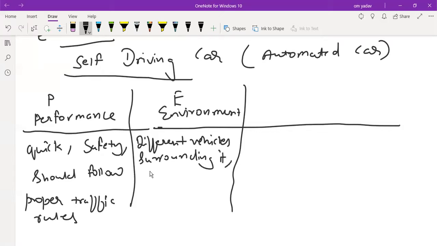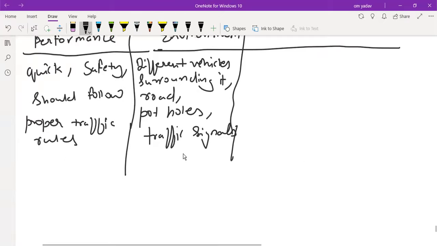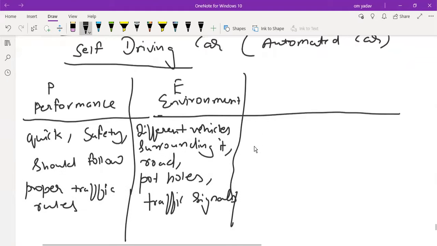Then the road itself is your environment. Then if any potholes are there on the road, potholes. Then traffic signals. Then even the indicators of the vehicles which are moving ahead may also come in this environment.